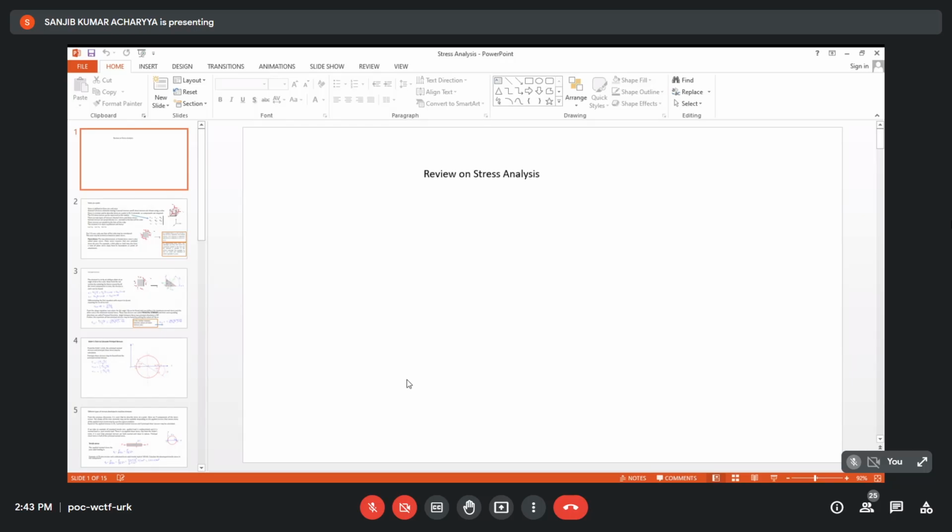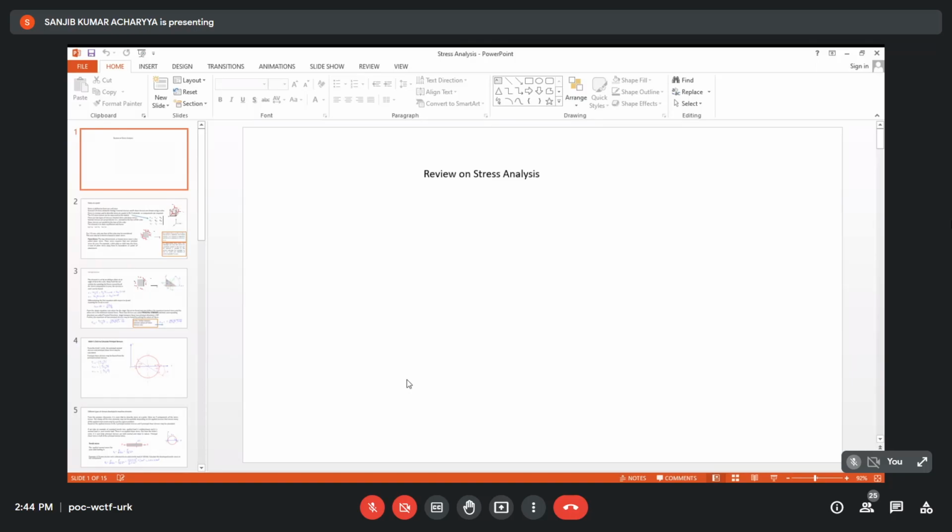You know, whenever load is applied to the material, if the material is free to move, it is not constrained, then it will receive motion by the application of load. And during the motion, the force generated due to acceleration of the body will counter the applied force, and thus equilibrium will be developed.